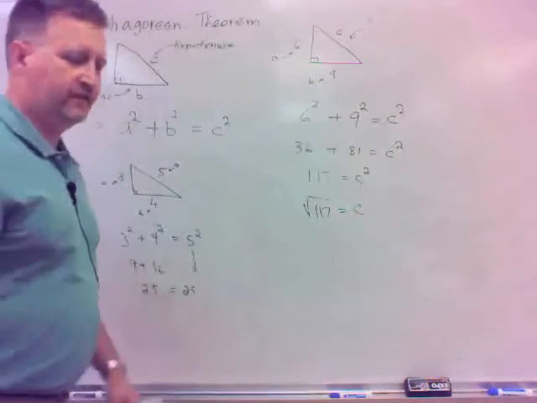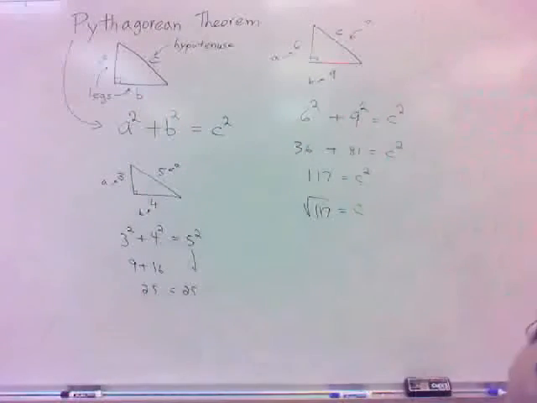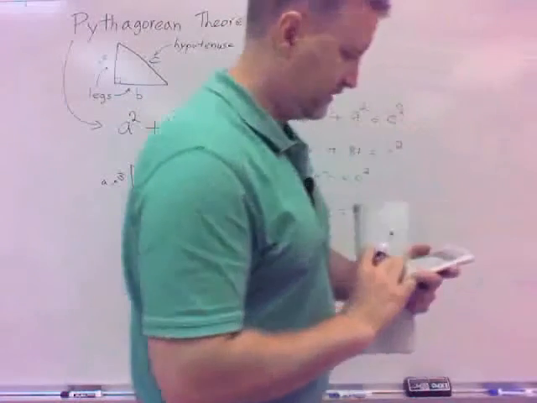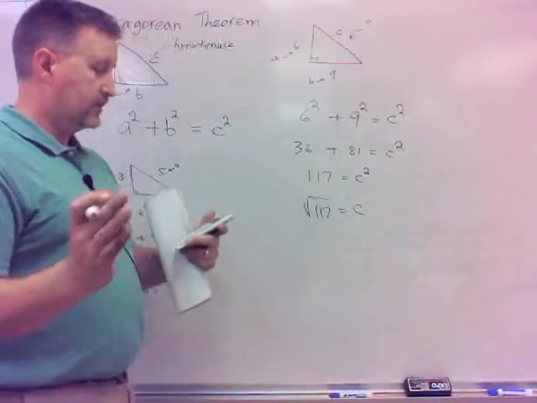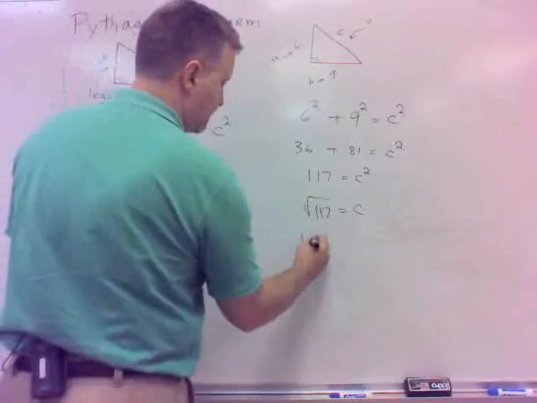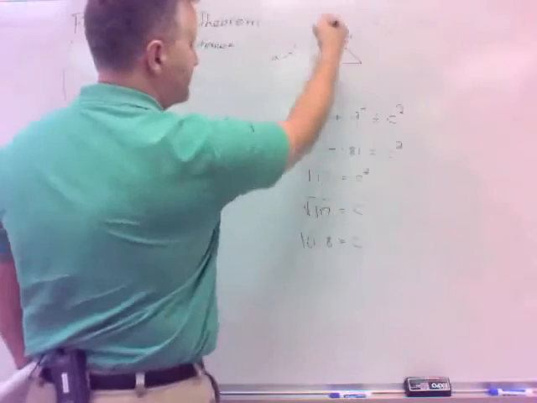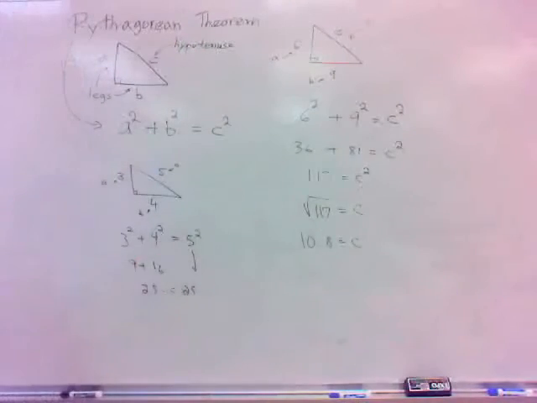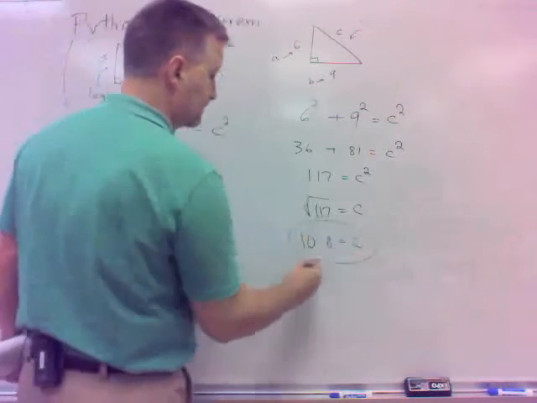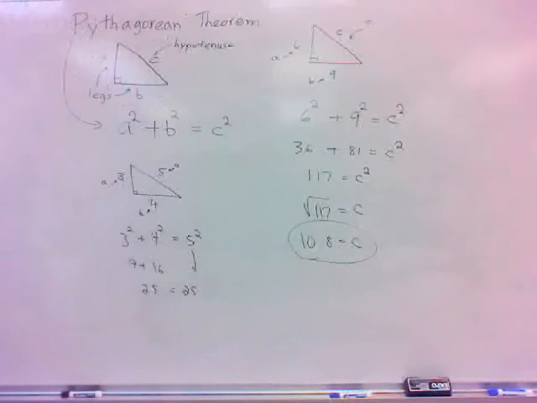The square root of 117, which is, give or take, 10.8. If this is 6 and that's 9, then that side length has to be about 10.8. It's not exactly 10.8, but it's close enough to one decimal place anyway.